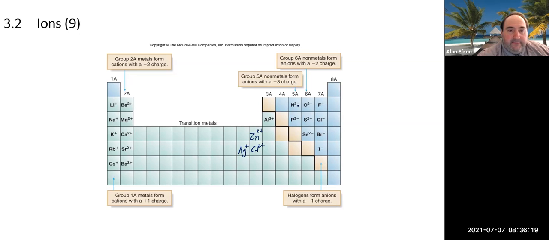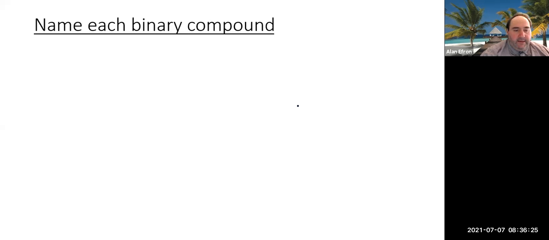All right, so let's take a look here. So why don't you take a second and why don't you name these guys here? And while you're naming those guys, let me give you a few here to write the formula for.